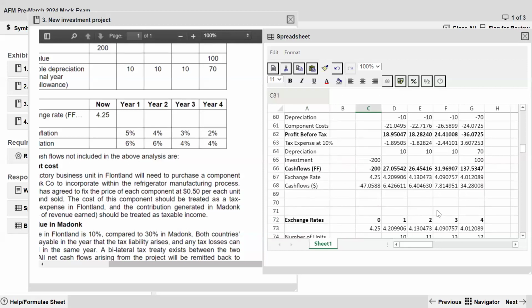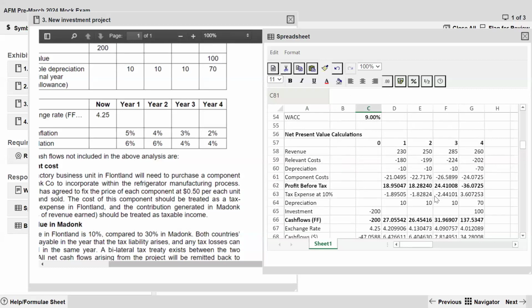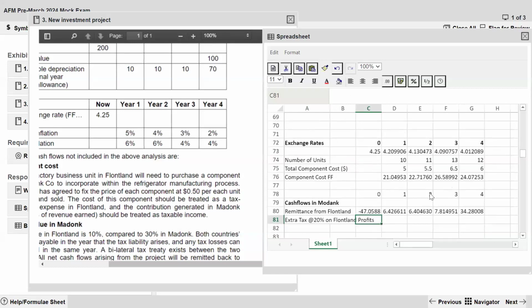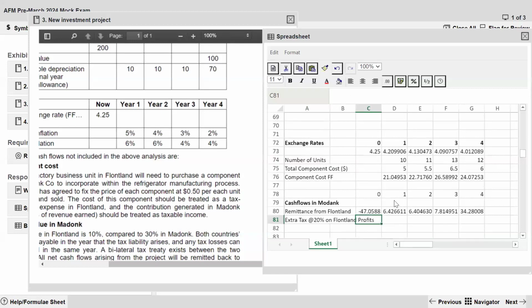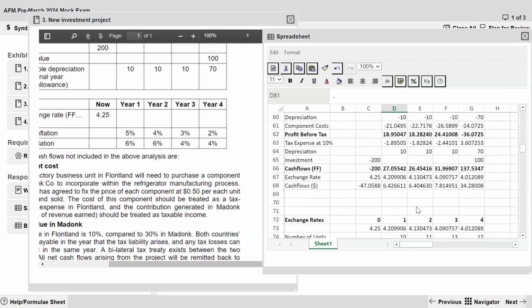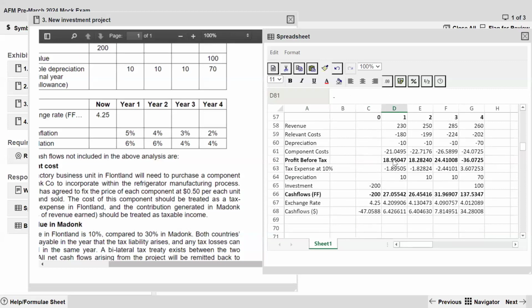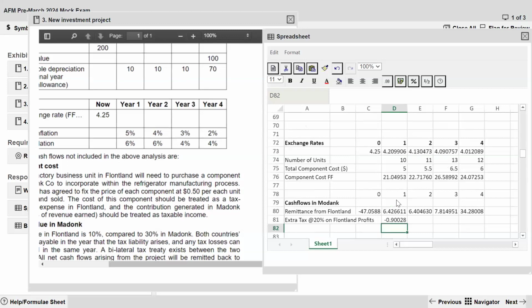So what is actually going to happen is that minus this into 20% divided by the exchange rate.